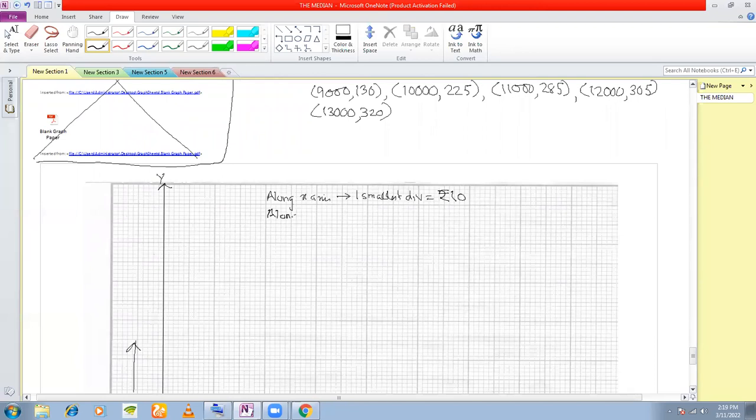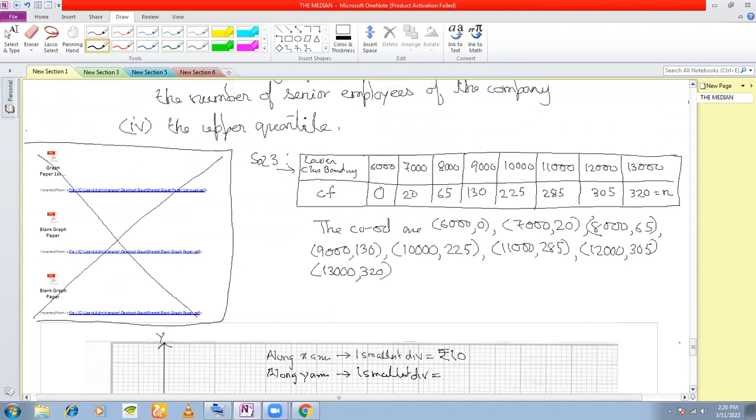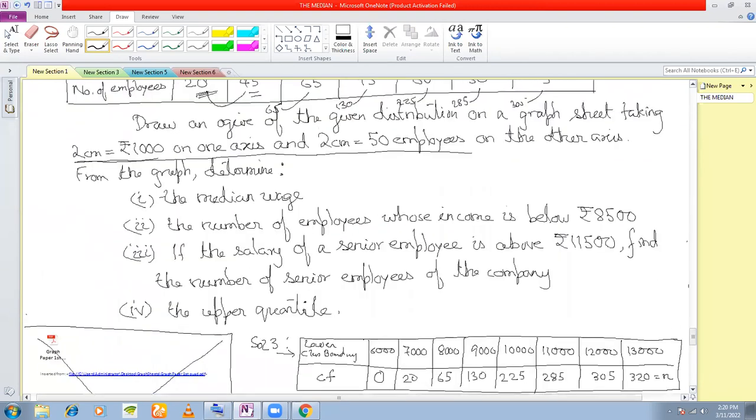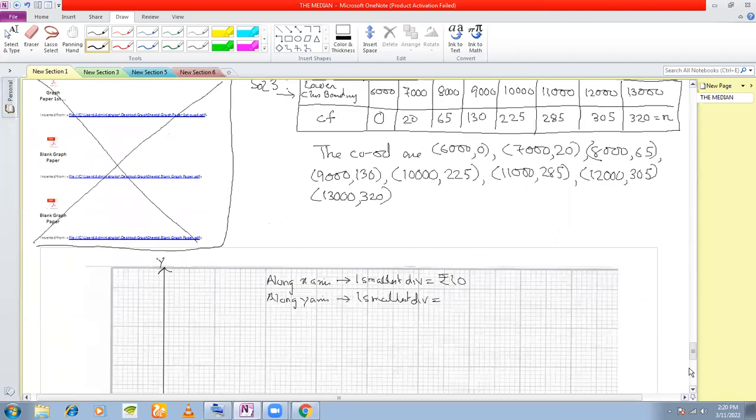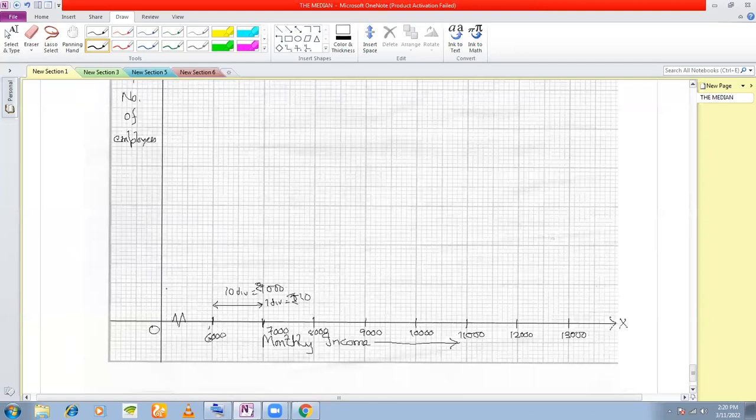Now we are going to decide our scale along the y-axis. In fact, the scale is given. 2 centimeter is equal to 50 employees, they have said. So along the y-axis, this one is 2 centimeters, and you have to take this as 50.